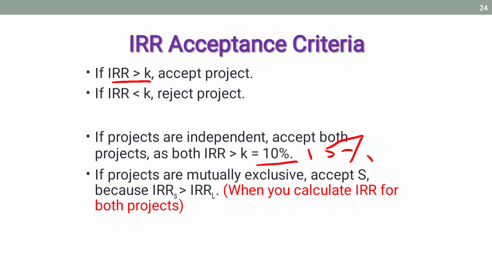If the IRR of project S is greater than the IRR of project L, then if it is a case of mutually exclusive projects, you have to accept project S, when you calculate IRR for both projects.